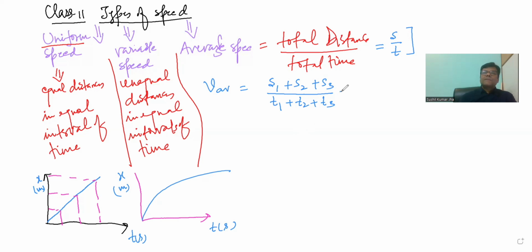So we can write it as S1 plus S2 plus S3, and the time can be distance upon speed plus second distance upon different type of speed plus third distance divided by different type of speed. Now, this is in general.